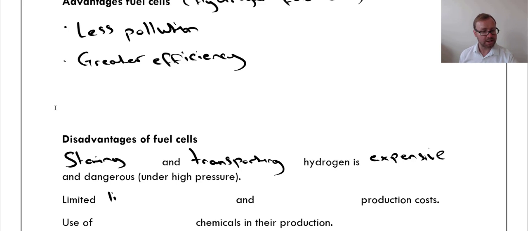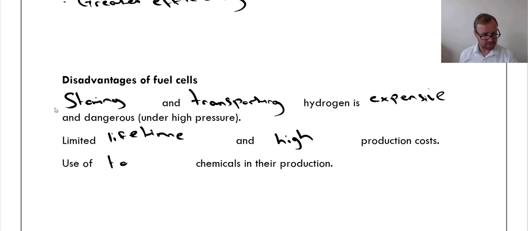And there's also a limited lifetime and high production costs. And there is also use of toxic chemicals in their production. Again, I don't want to go into too much detail about this because you may be asked about some advantages or disadvantages. You've just got to remember them.